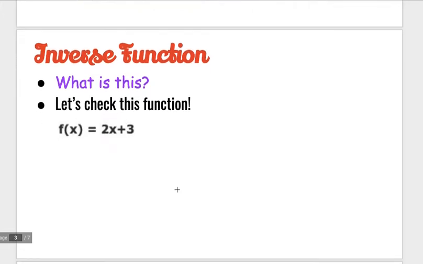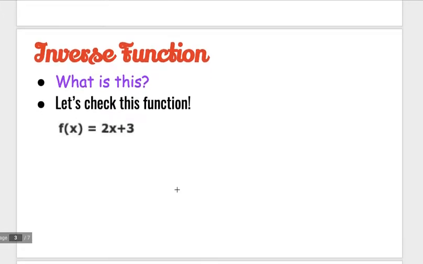So inverse function, what is it? The first thing you'll see is that for inverse, you will probably see a lot of words similar to this one. An easy way to understand this is the other way around. What does that mean? So let's check out this function here.